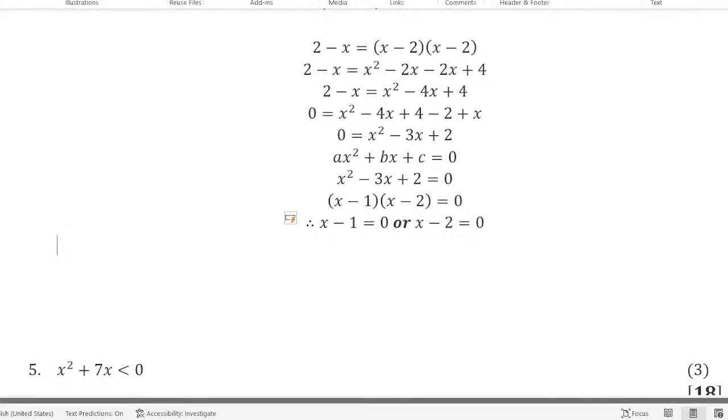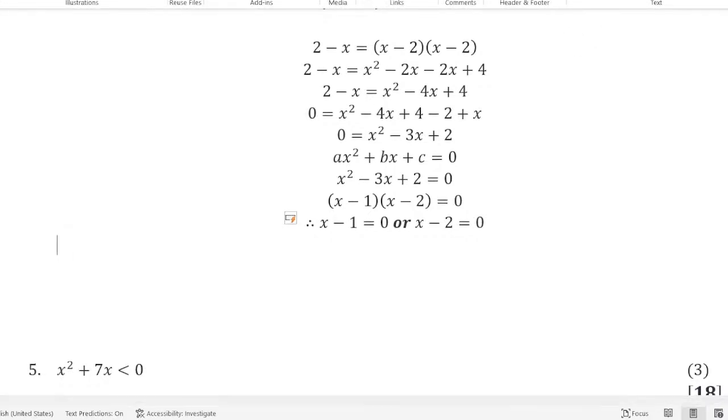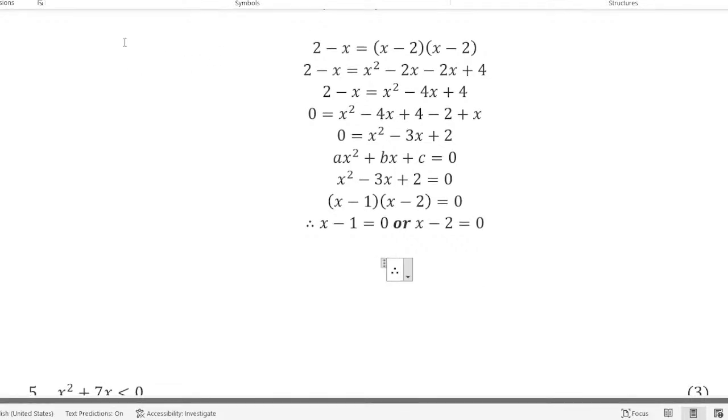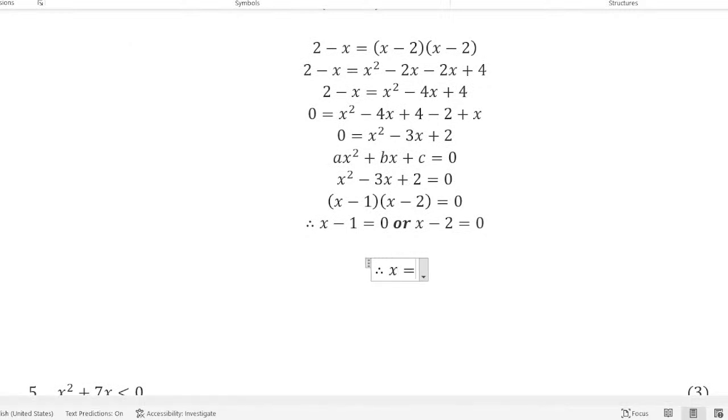Therefore, x is equal to... so x is going to be a positive 1.